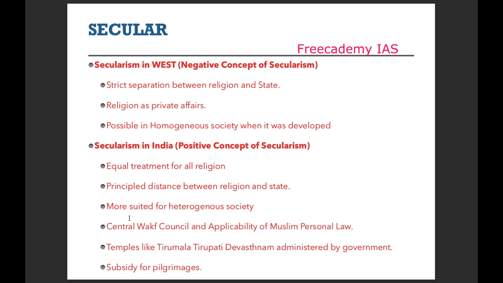What is meant by Waqf property is the religious properties, or charitable property given for religious purposes; all those things are maintained by the Central Waqf Council. So you can see the government is interfering in a religious matter, but it is necessary to do so, because if the government does it, it will help in the proper administration and governance of those matters.